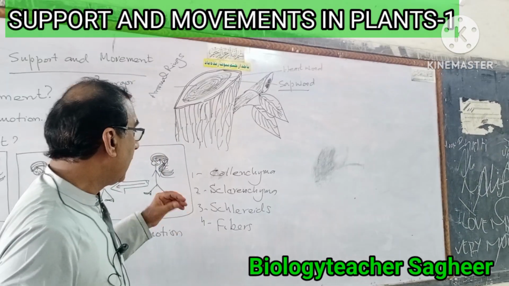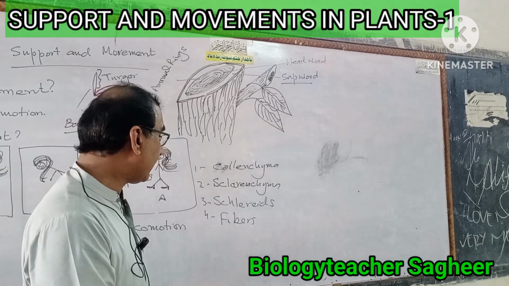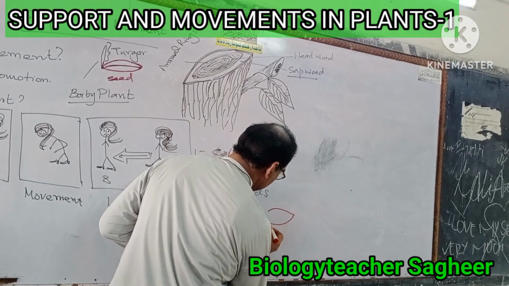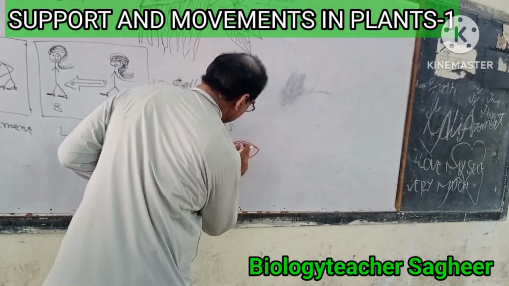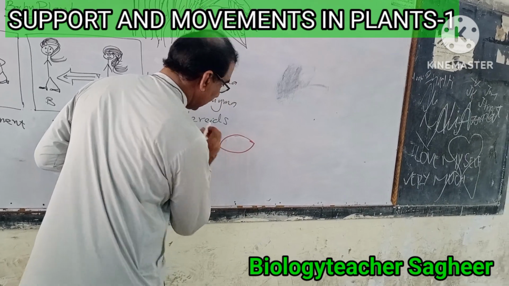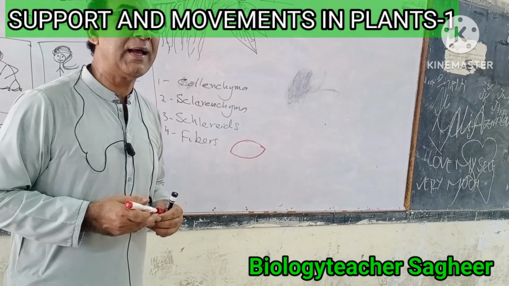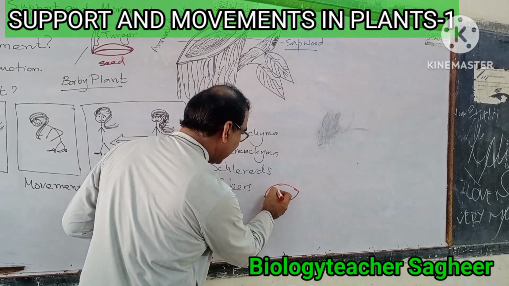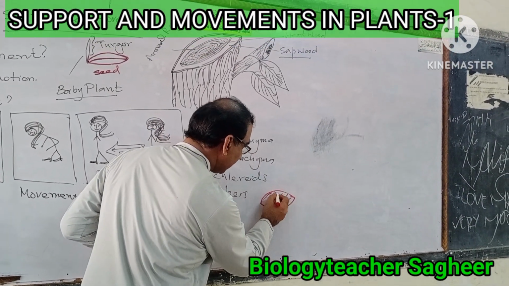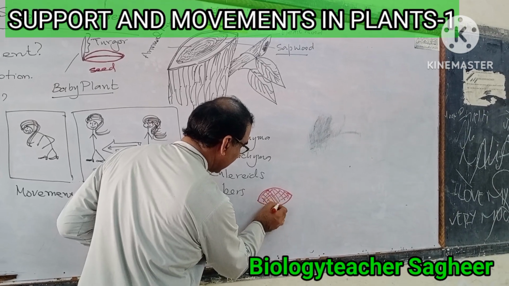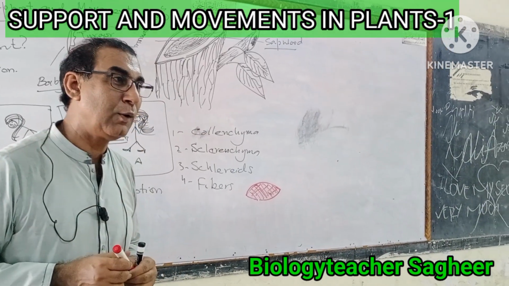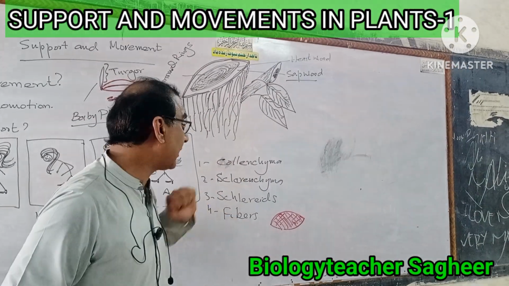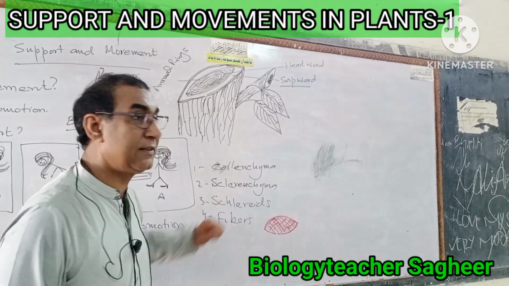You might have seen nuts. Suppose this is a nut, like that of almond. If you break that nut, you find fibers like this. In wood, you find sclerenchymatous tissue and sclereids.